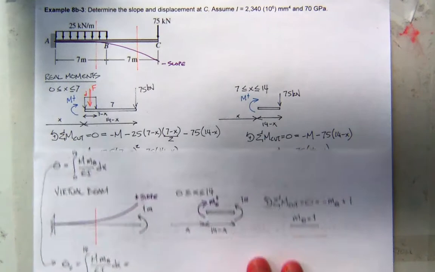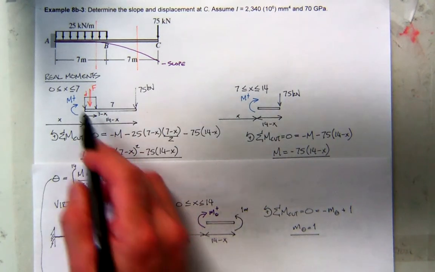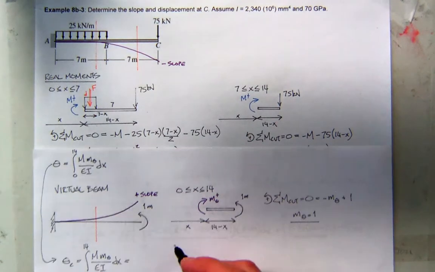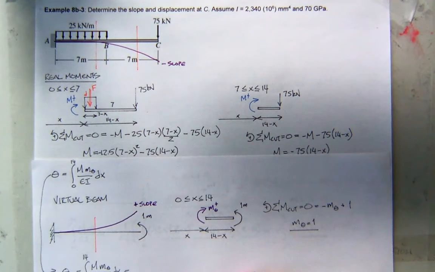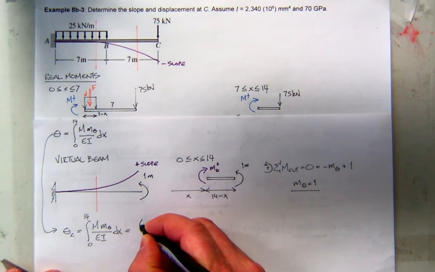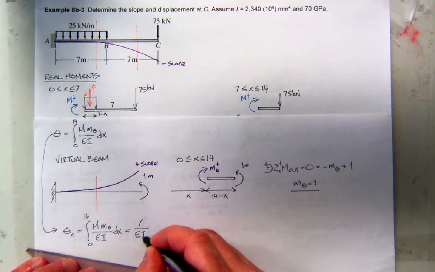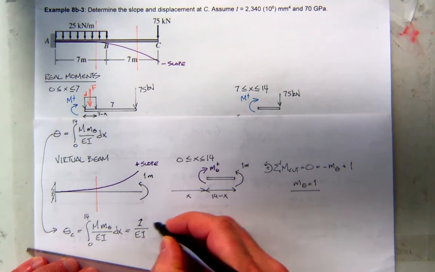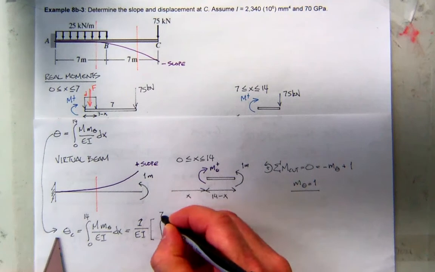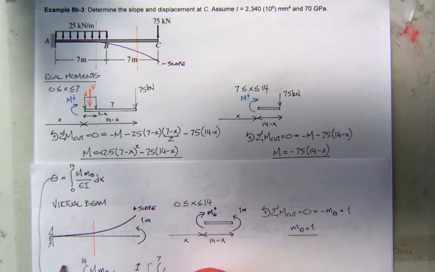So just like before, our real moment is valid from 0 to 7 for one expression, and a second one from 7 to 14. So we're going to break this up into two pieces. I'm going to pull out my EI value. That's a 1. So I have my first integral from 0 to 7 of the real moment, which is this thing. I know you guys can't see it right now, but I'll go ahead and write it in.